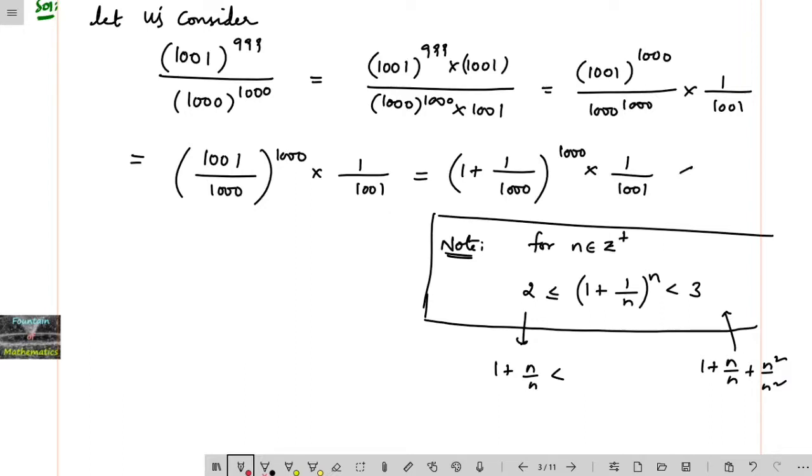So this answer we can say is 3 into 1 upon 1001, since this is the note point reason. And 3 by 1001, obviously it is a proper fraction, it is less than 1.